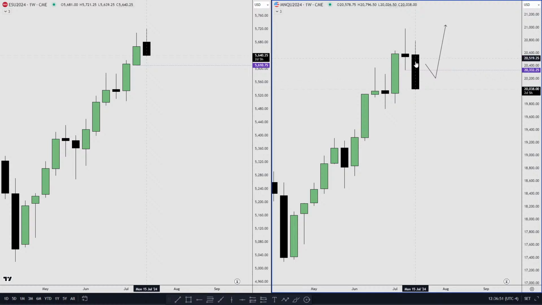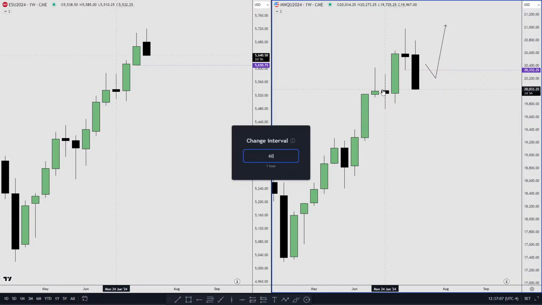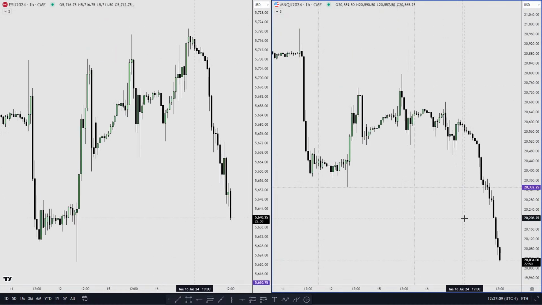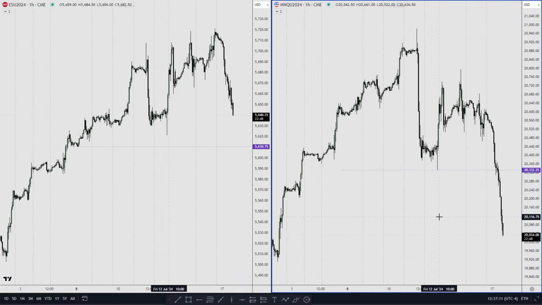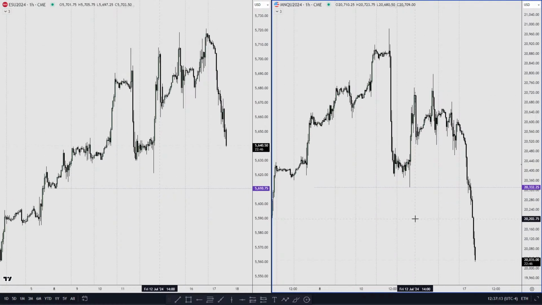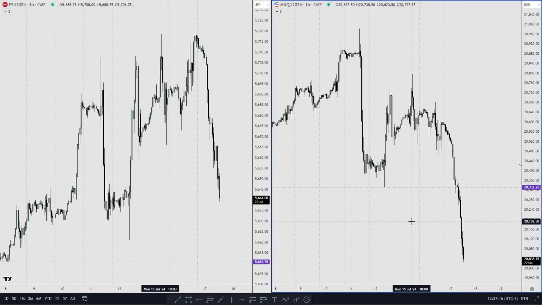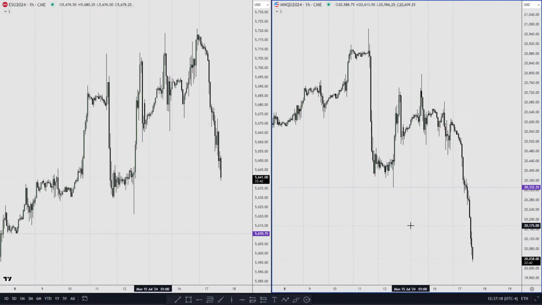At this rate that we are dropping for NQ, I think we can reach this swing low by the end of Friday, because right now it seems to me that we are in an expansion week, right? So right here you can see it's pretty obvious.